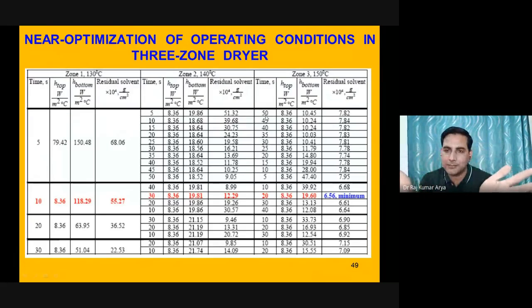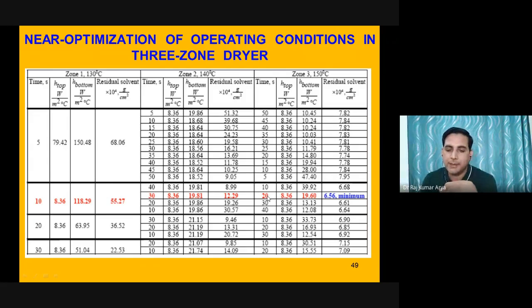The 60 seconds was divided into several combinations with a gap of 5 seconds. We found the optimum is that the first zone is 10, the second zone is 30, and the third zone is 20. So the second zone is always reasonably long compared to zone 1 and zone 3.